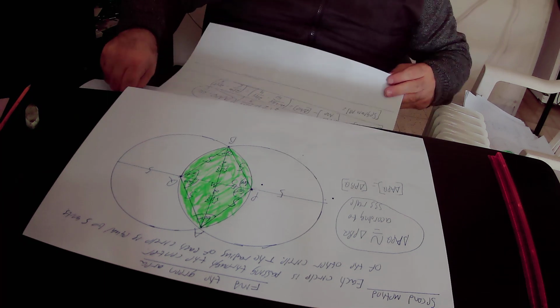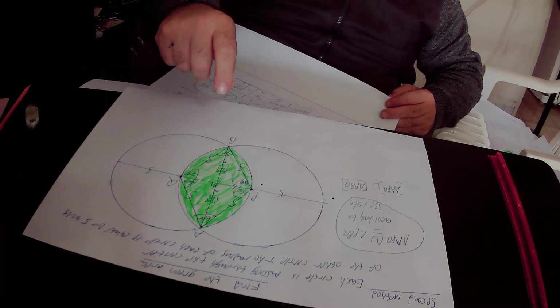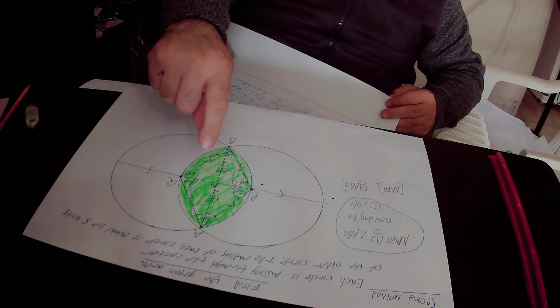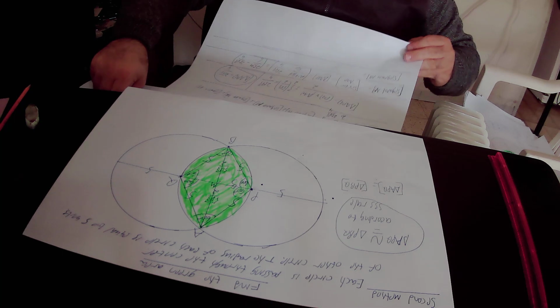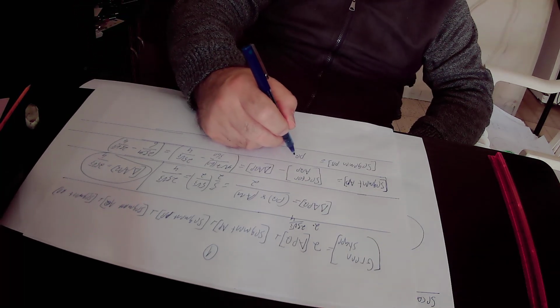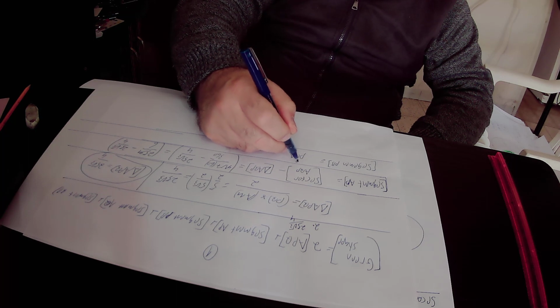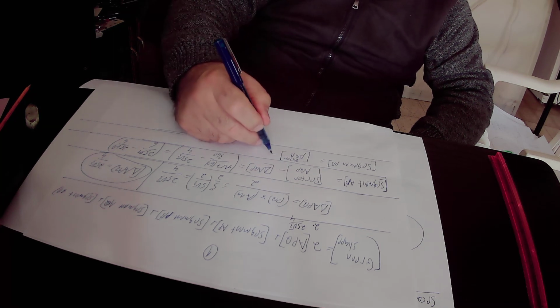The area of segment PB will be equal to the area of sector PQB minus the area of triangle PQB. So the area of sector PQB minus the area of triangle PQB.